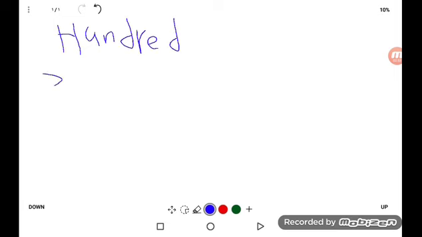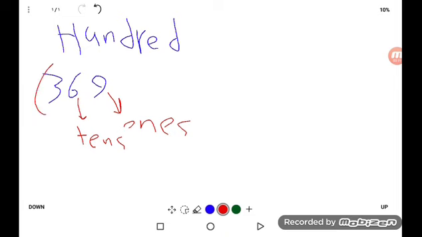Now let's say we need to round to the nearest 100. Let's say if we have 369. This is the ones digit, this is the tens digit, and this is the hundreds digit.